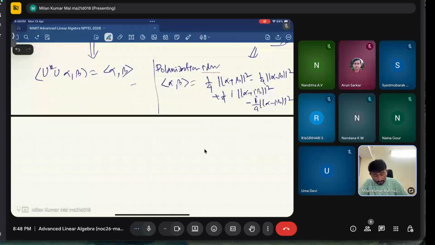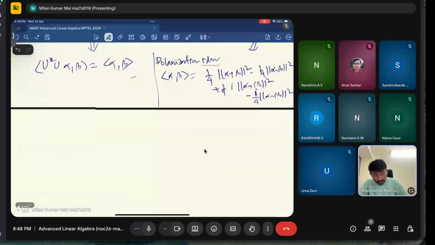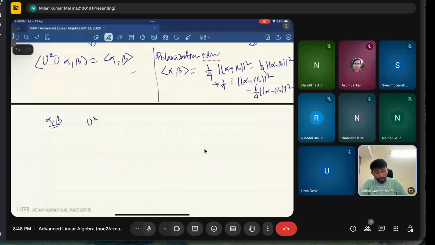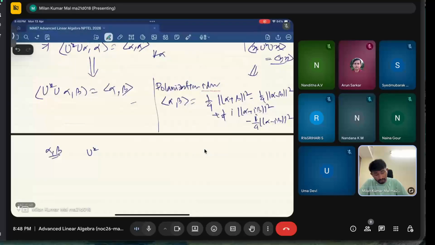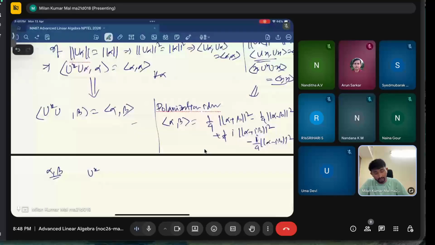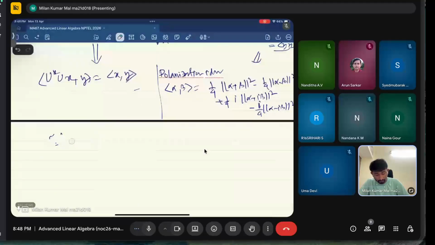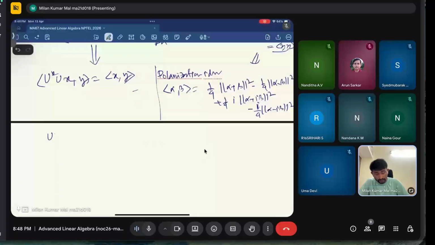So for any alpha, beta, we know that for any vector x, or basically here I can change it. This is something very standard. So what we can get: the inner product of u(x plus iy) with u(x plus iy) is going to be equal to the inner product of x plus iy with x plus iy.